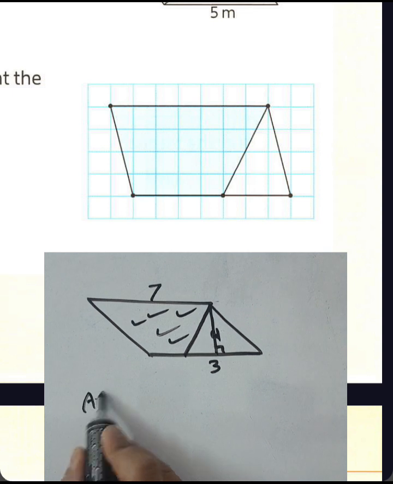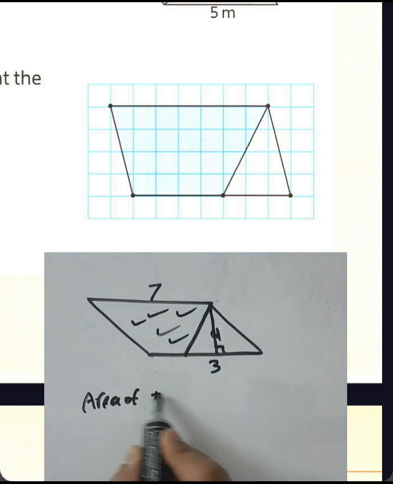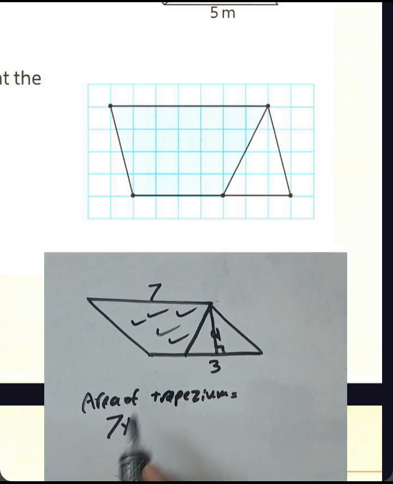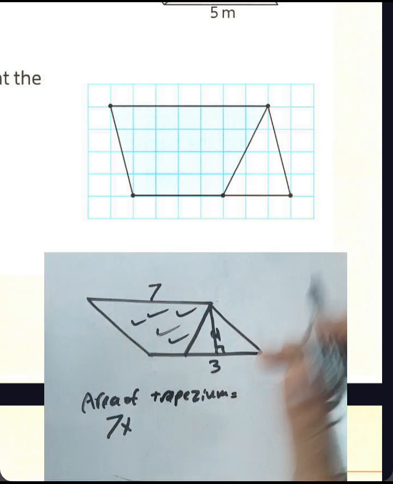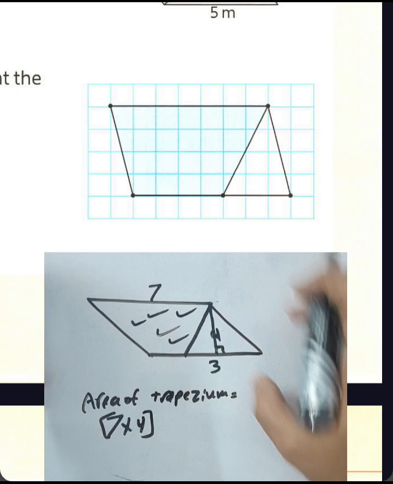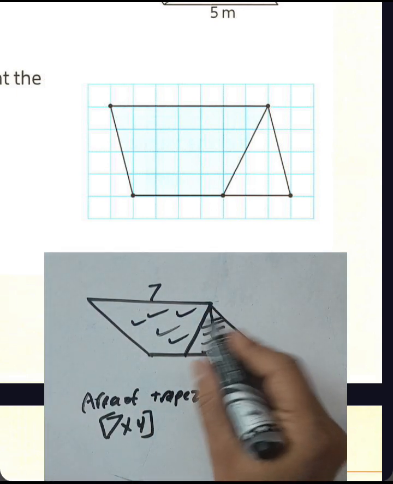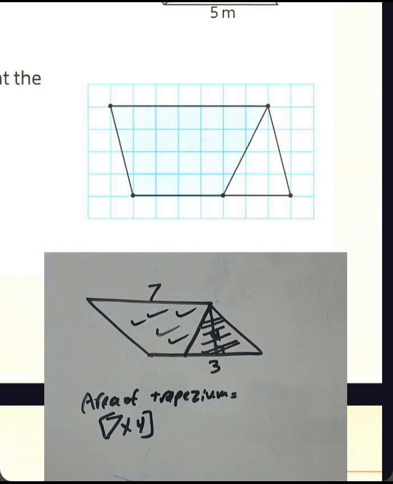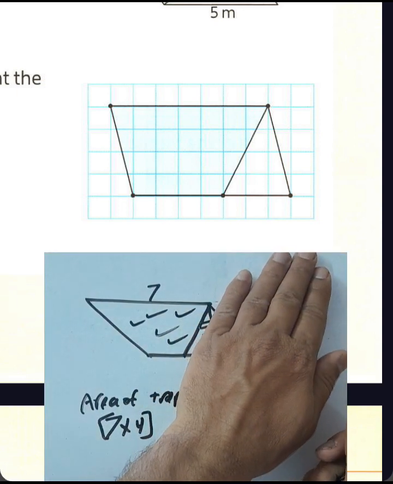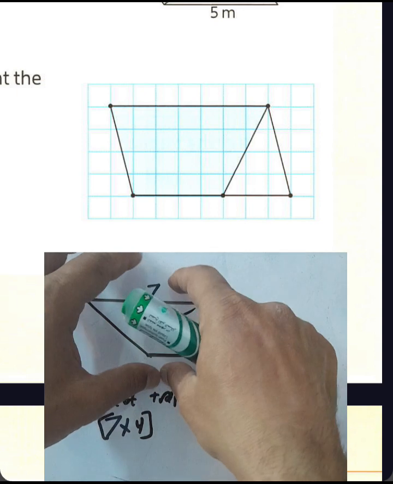Then the area of the trapezium will equal base 7 here multiplied by corresponding height 4. Okay, that's the area of this parallelogram, subtracted by the area of the triangle. If you cancel the area of this triangle, cancel this part, you can get the area of this trapezium.